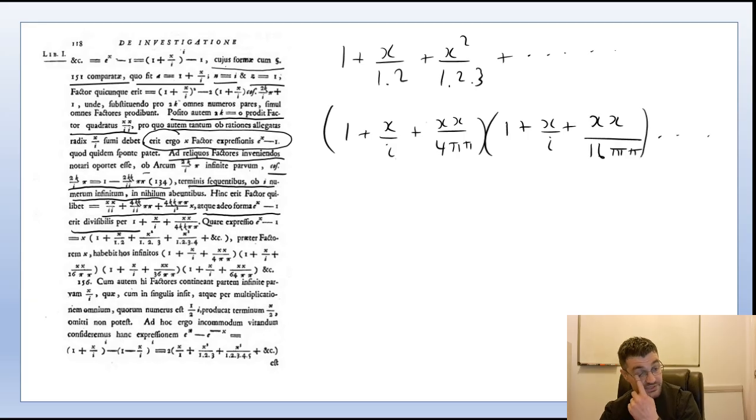There's going to be an infinite number of terms, but importantly, even though there's an infinite number of terms, we can still assign a number to the number of factors, which is i over 2.